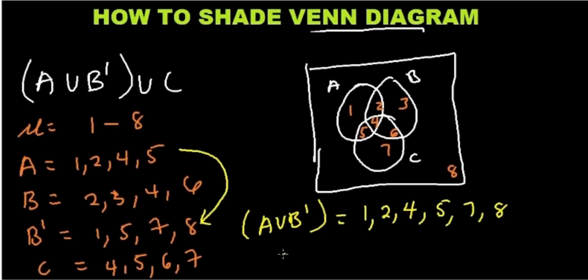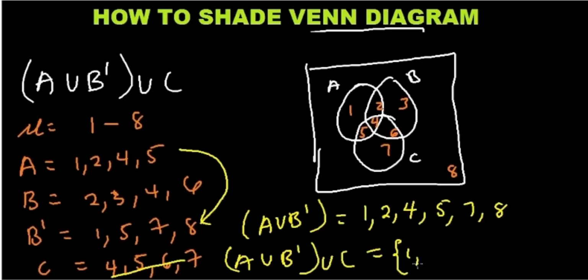Right? Then let's bring it together with C. With union C, I'm going to join everything here with these guys. So I'm going to have 1, 2, 4, 5, 6, 7, and 8.